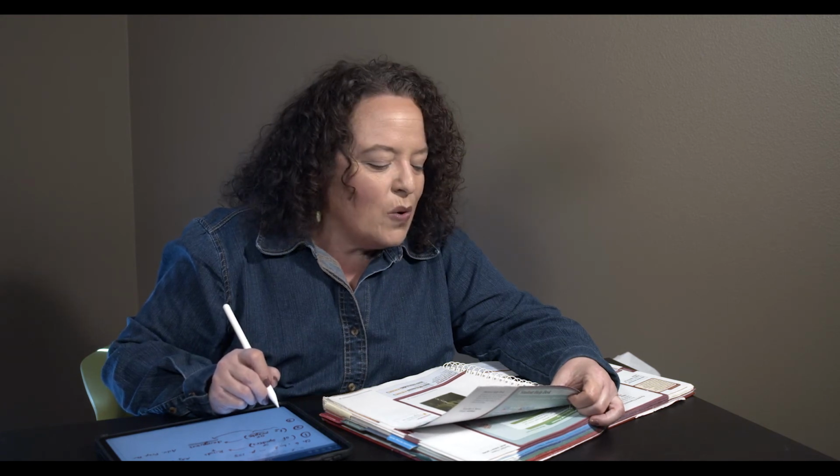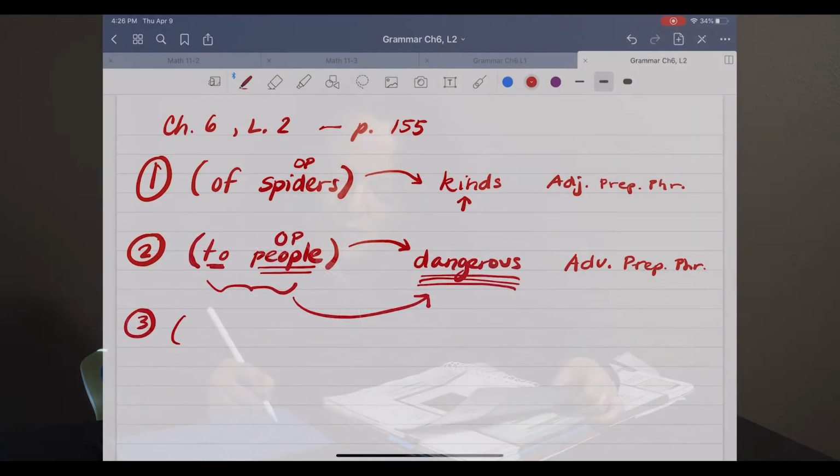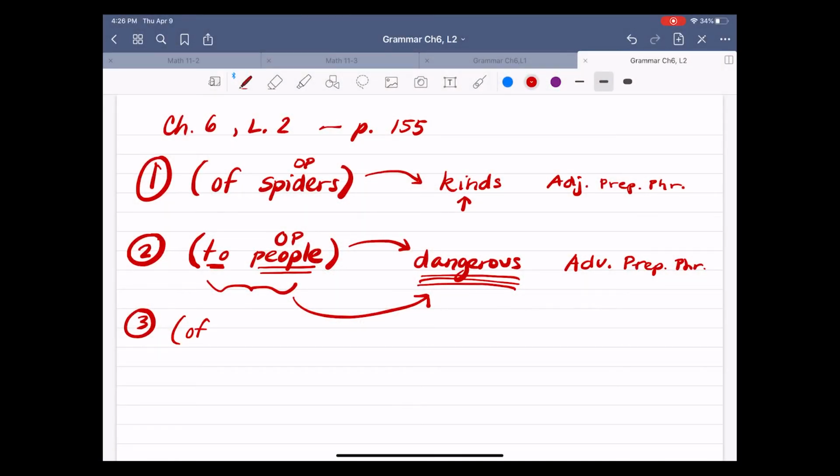Number 3, spiders eat millions of disease-bearing mosquitoes. So the first thing, let's find our prepositional phrase: of disease-bearing mosquitoes. Of is our preposition, mosquitoes is our OP.